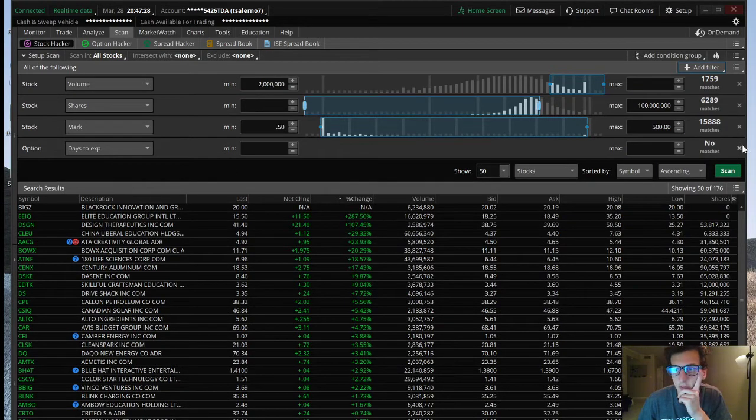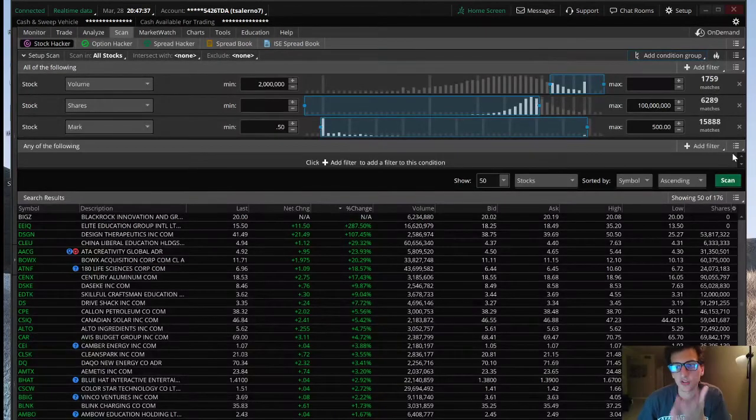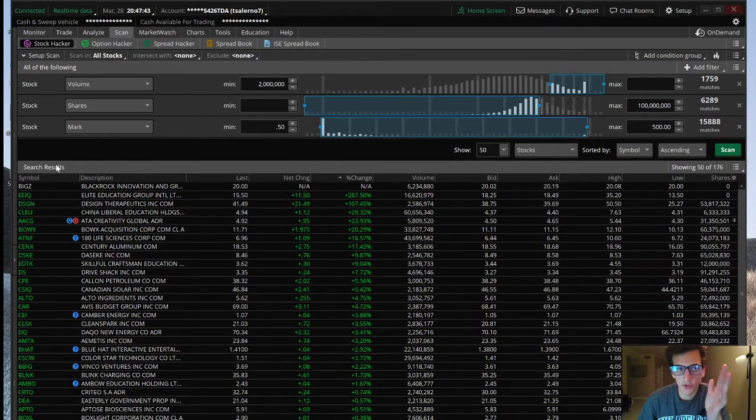So it's just a condition group, and you just go over here and remove condition group. There you go. You just want to have 1 condition group. You want to have 3 filters, all of them for stocks.